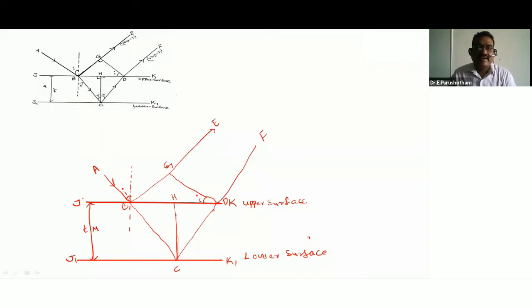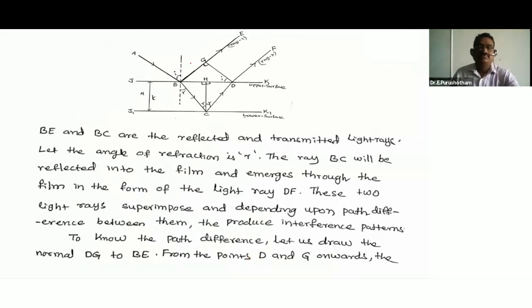We can write this is i. So incident with i, refraction angle small r. This is also small r. This is the right angle. So the same figure you can observe here.